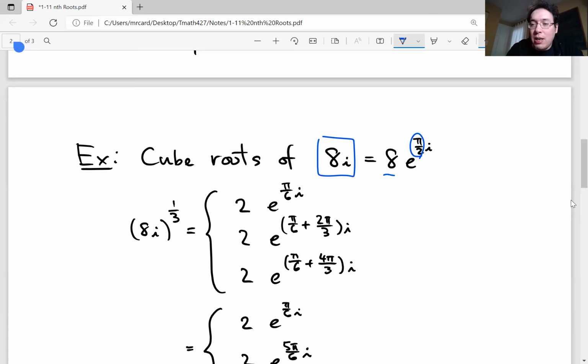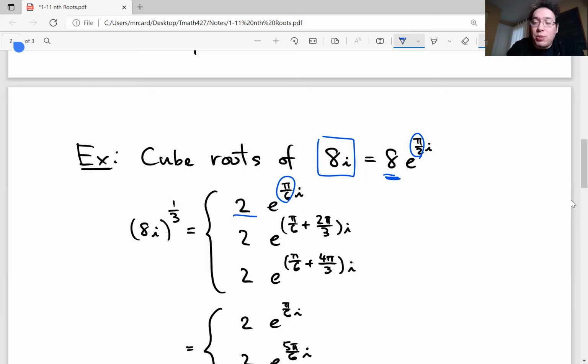Okay, so let's take the cube root. First I take the cube root of 8. The cube root of 8 is 2. And I also take the angle and divide that by 3. So pi over 2 divided by 3 is pi over 6. Okay, so that's one answer.